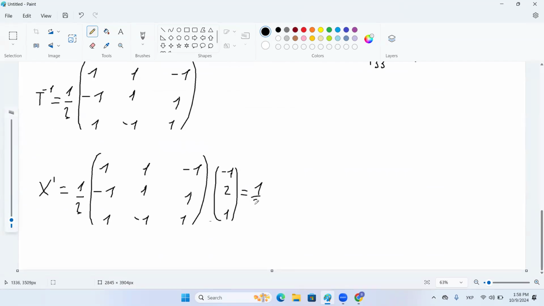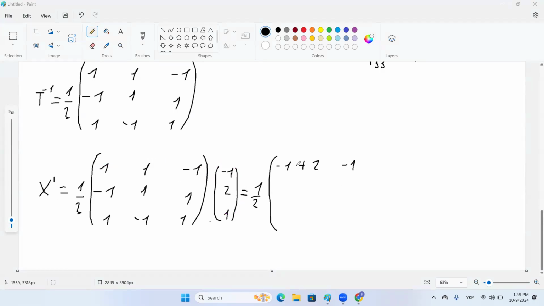So we'll leave 1 second out of the brackets now. So -1 plus 2 minus 1. By the way, here we use the scalar product. So we multiply this vector by this vector in the scalar case.